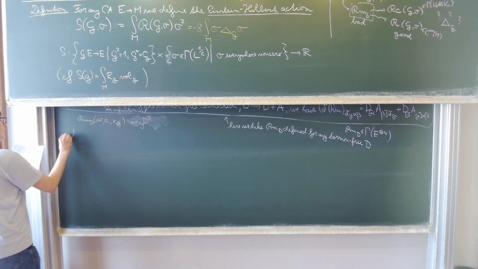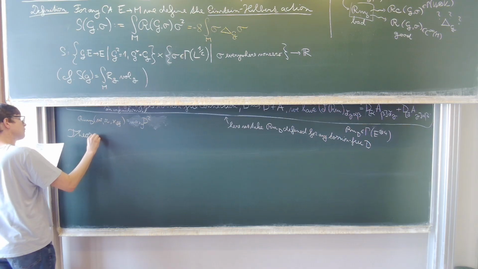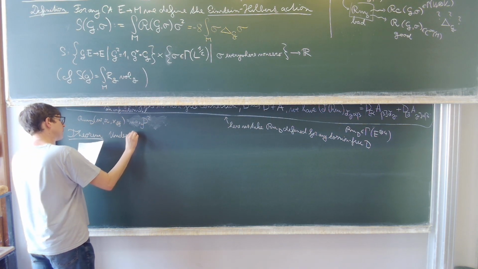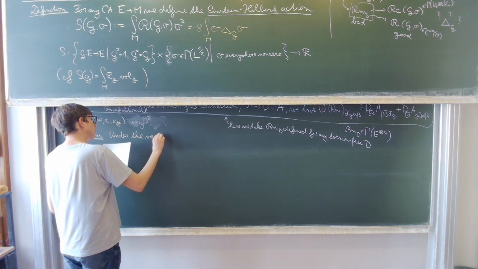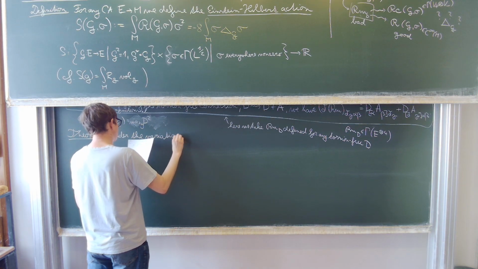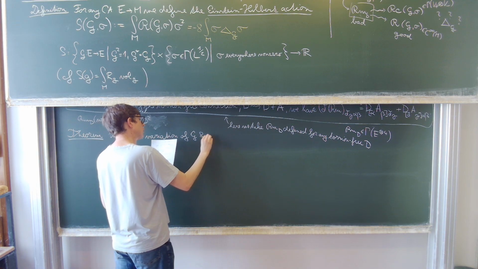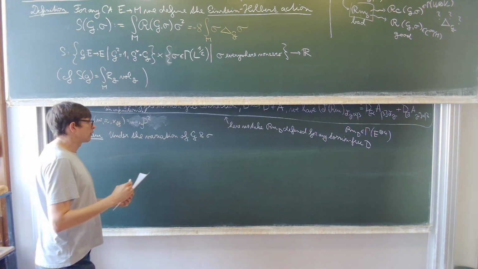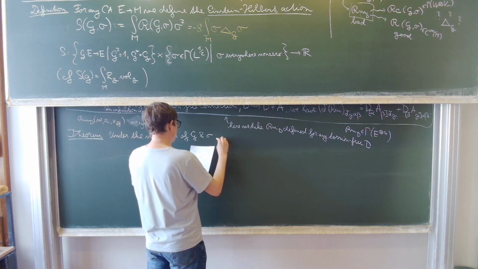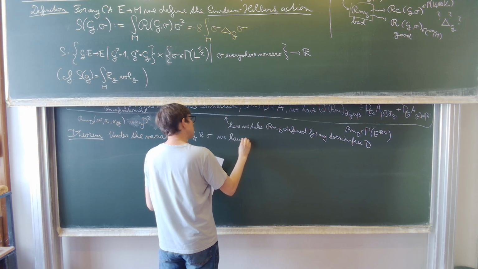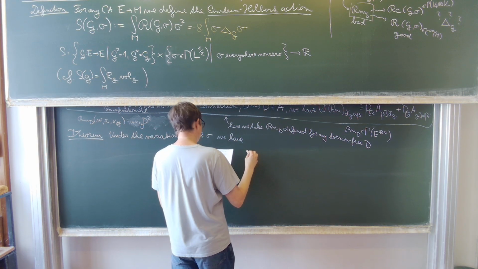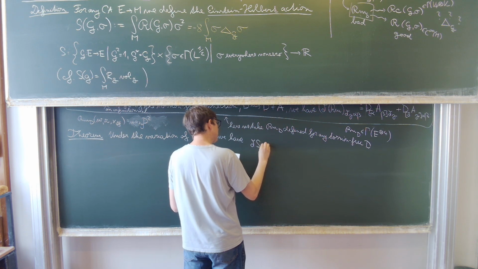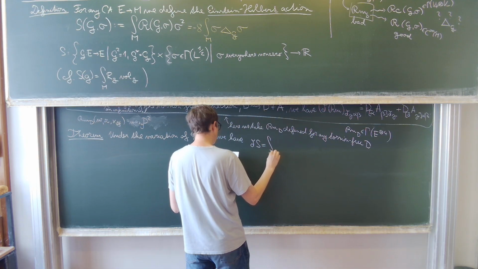Okay. Then let's do something that I would generally call a theorem. Under the variation of G and sigma, where variation usually means infinitesimal variation, we have that the action functional changes by the following quantity.